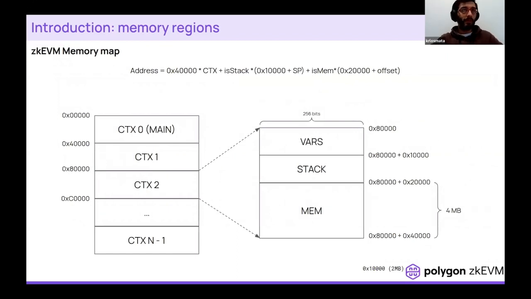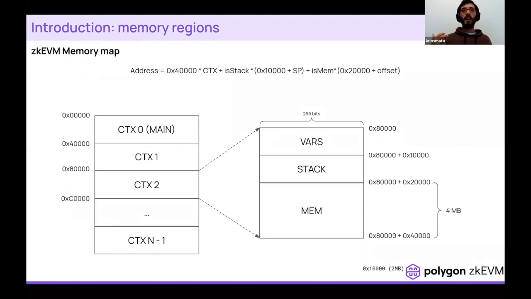Regarding the memory, we use a context-based memory. As you may know, in Ethereum, every time that you perform a call, delegate call, or create, you need to create a new context with its new stack and its new memory, and you fill it depending on the call that has been done.